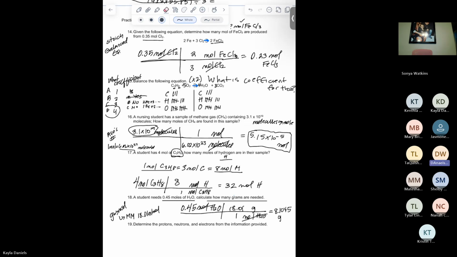Can you repeat that little bit? Okay. When you have the big number and a small number, they get multiplied. So 4 times 2 is 8, right? So I wanted my total count for hydrogens to be 8.